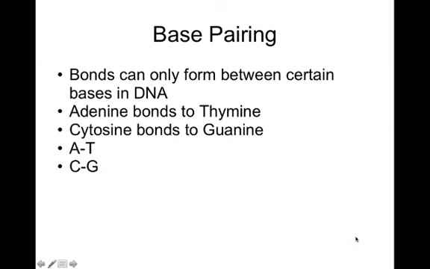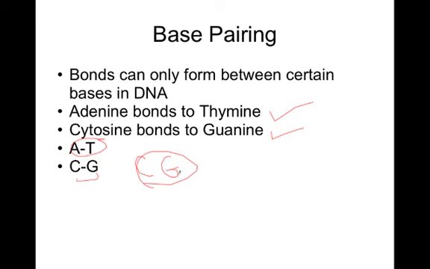Okay, the way that the nucleotide bases pair is consistent. There are rules that we follow. Adenine pairs with thymine, and cytosine pairs with guanine. So if you can think of A and T pairing together, spelling the word "at," and I like to think of C and G bonding together. They're kind of the same shape of letter, C and G, and those are the ones that pair together.